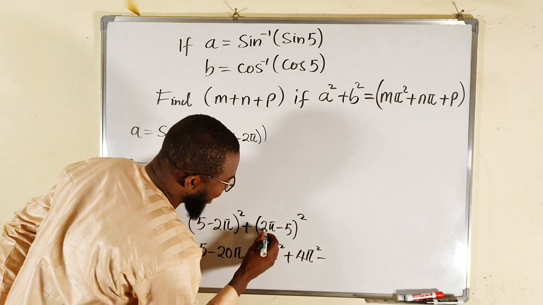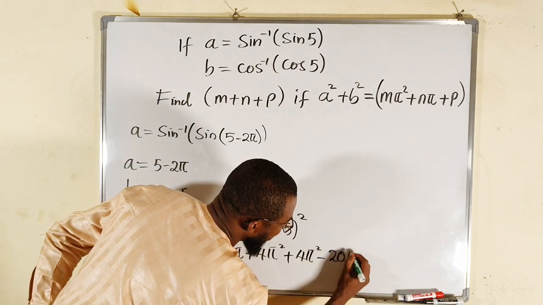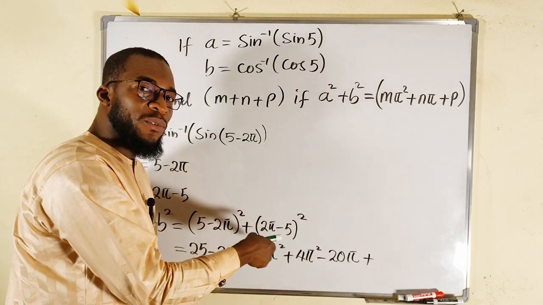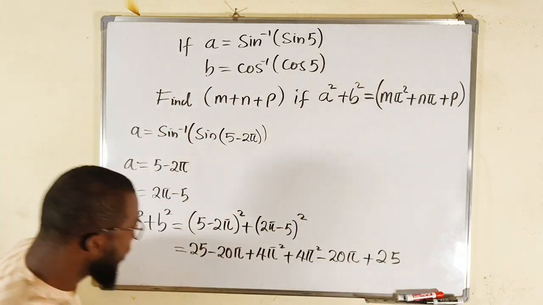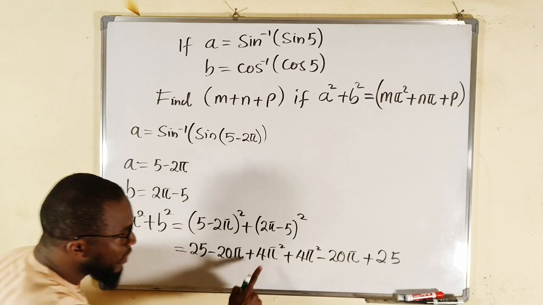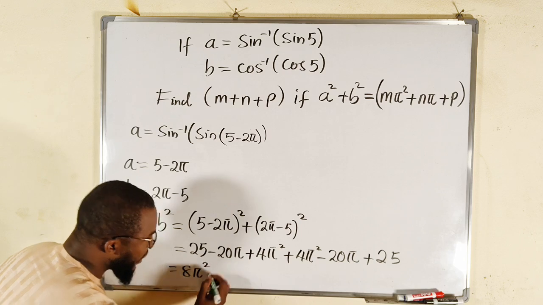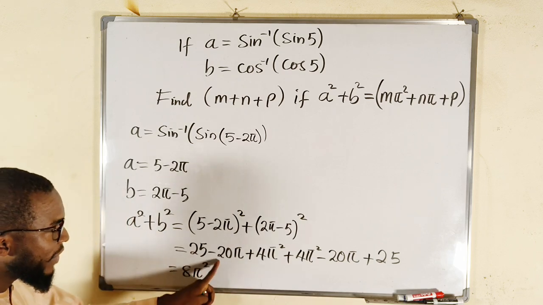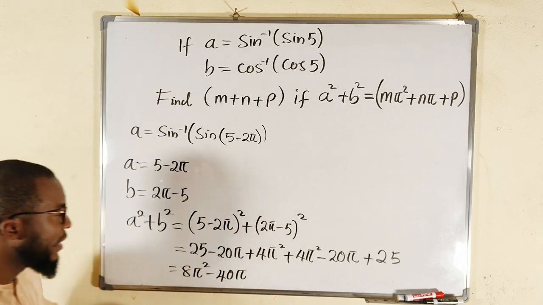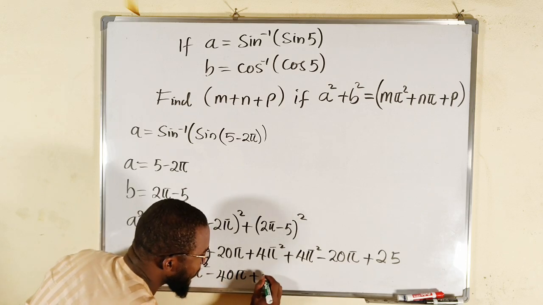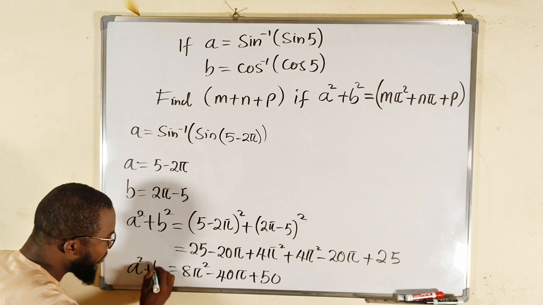Then minus 2 times 2 is 4, 4 times 5 is 20, so we have 20 pi. Then plus second term squared, negative 5 squared is 25. Let's collect the like terms. Let's start with pi squared. 4 pi squared plus 4 pi squared will give us 8 pi squared. Then for pi, we have negative 20 and negative 20, which is negative 40 pi. Then 25 plus 25 is 50. All right, this is a squared plus b squared.